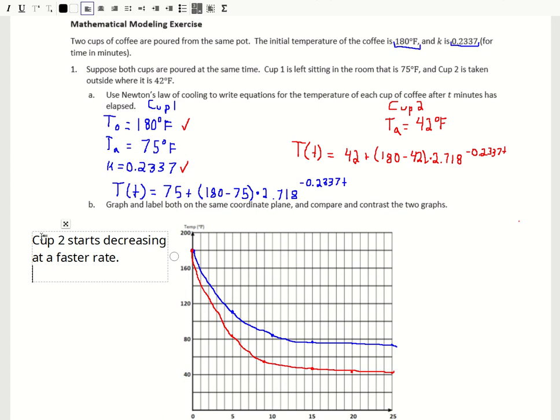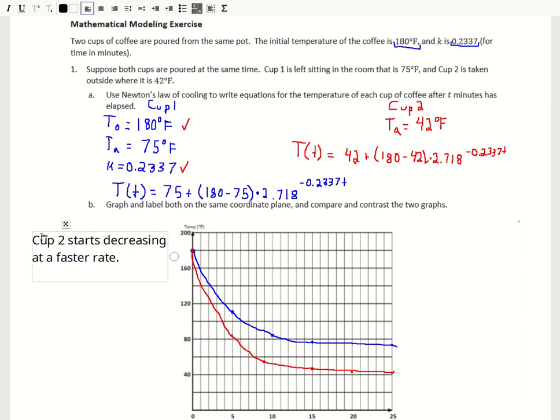Where does it look like our blue graph is stopping? If we had to make a guess, where does it look like it's flatlining? That's somewhere in the 70s, maybe. Maybe like 74, maybe like 76. Man, if only there was a specific number that we knew of in the 70s that has to do with cup 1.